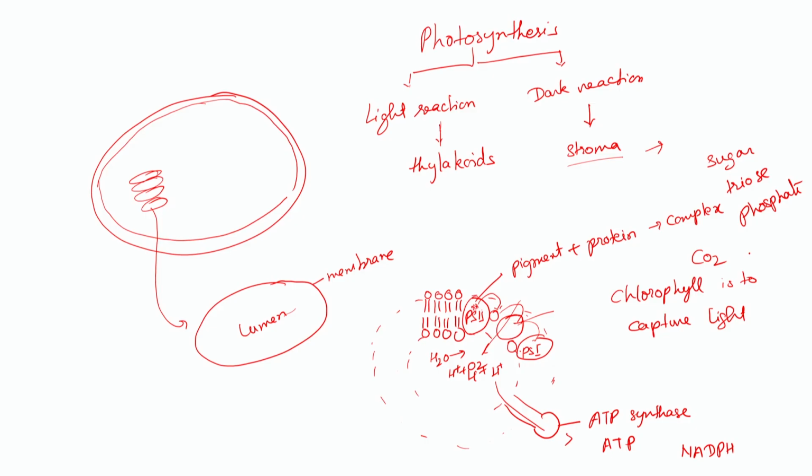They will take up CO2 and in the presence of water molecules also, and using ATP and NADPH, carbon dioxide will be reduced first to a 3-carbon compound, and later many other carbohydrates and many other molecules will also be synthesized. So because of its arrangement, this type of process is possible in chloroplast.